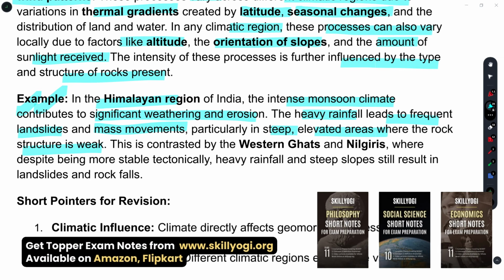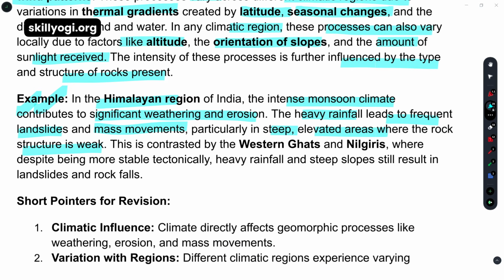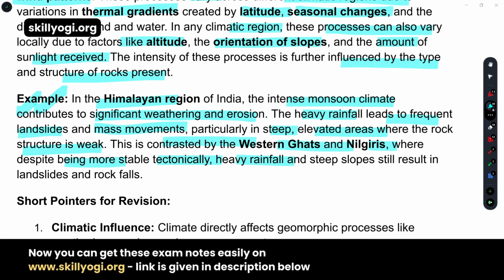Yes, that is another most important point. Where the rock structure is weak, there we can see the erosion, but when it is compacted, there we cannot have this kind of different landforms. This is contrasted by the Western Ghats and Nilgiris, where despite being more stable tectonically, heavy rainfall and steep slopes still result in landslides and rock falls.